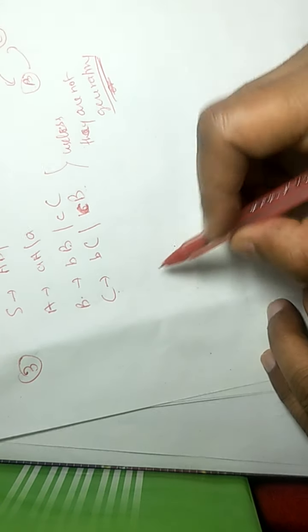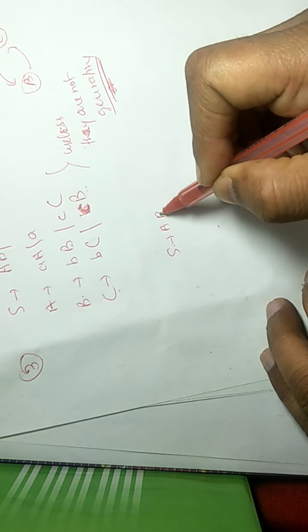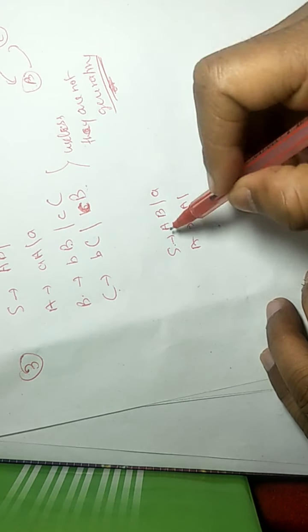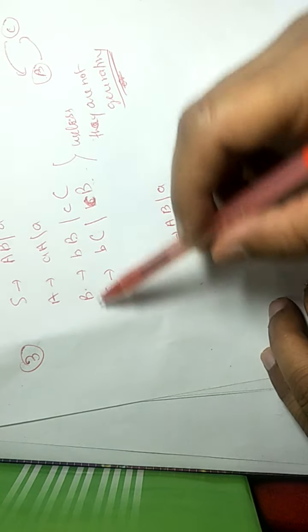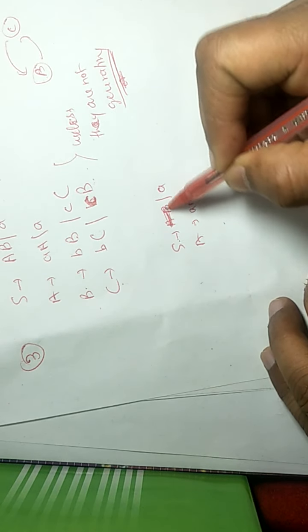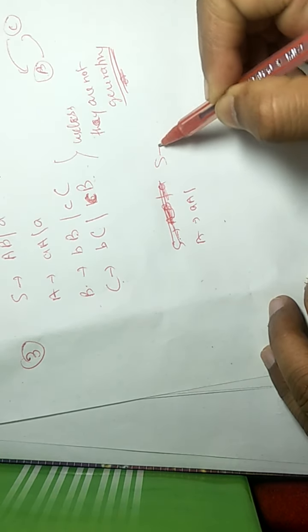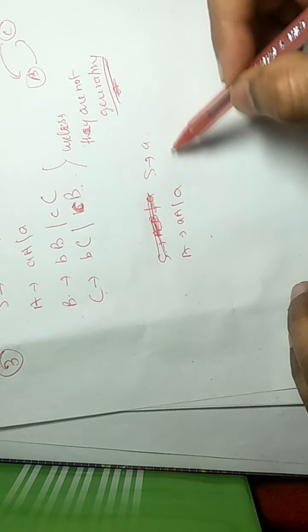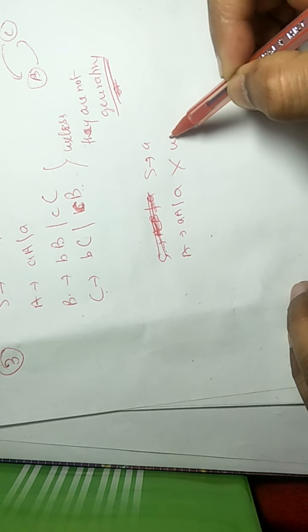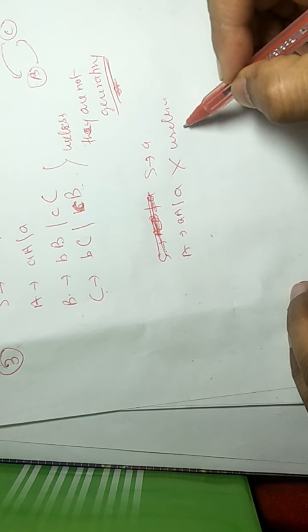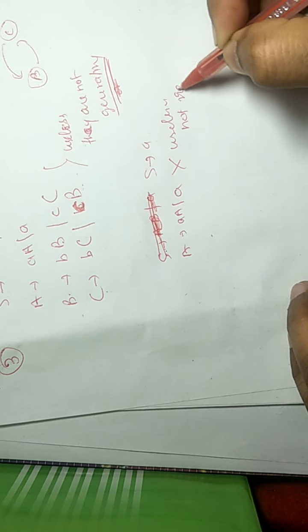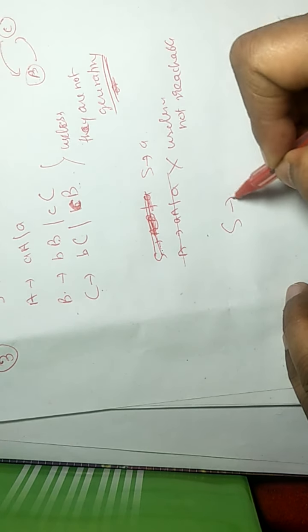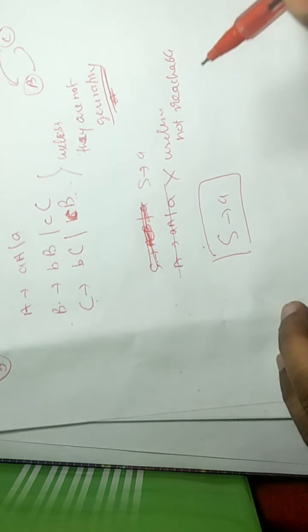So the resulting grammar will be S tends to AB slash A and A tends to A slash A, and because C is useless, B is also useless, so this is also useless. So the resulting grammar is S tends to A, A tends to A. Now look at this. This is also useless because it is not reachable. So we can remove this also and we will get S tends to A as the final answer.